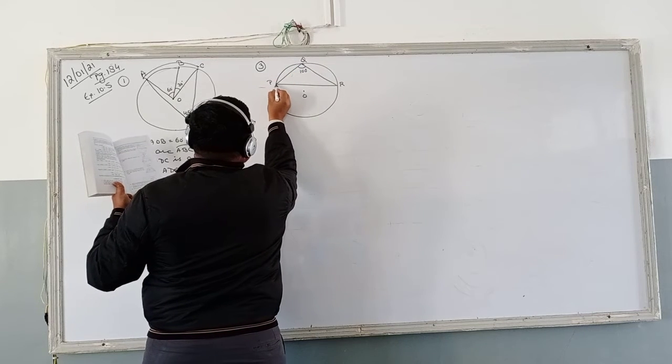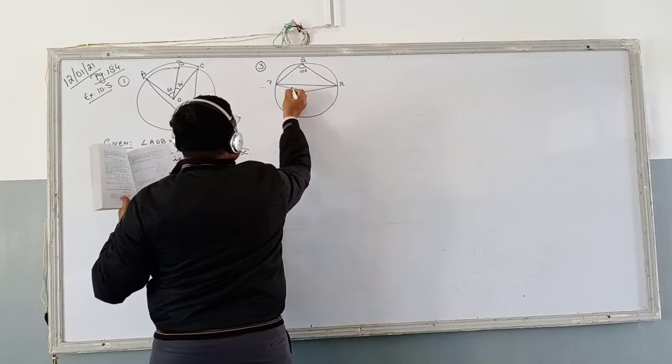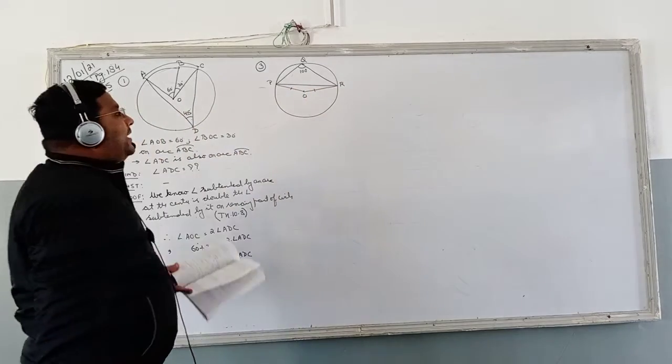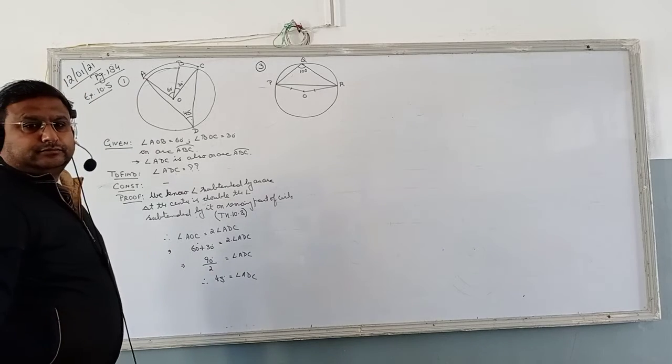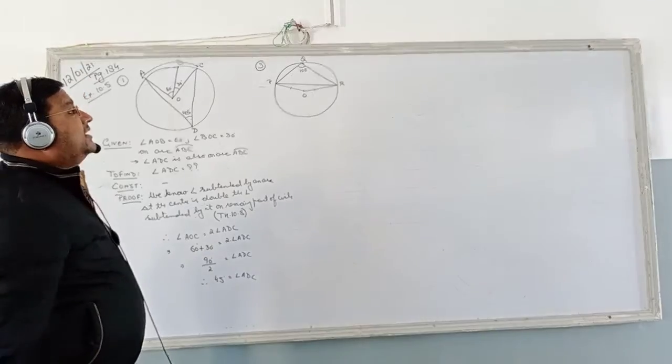We can see two lines here, each joining to the center. So what are OP and OR? They are the radii because O is the center.